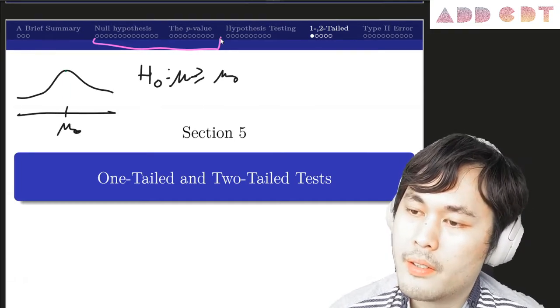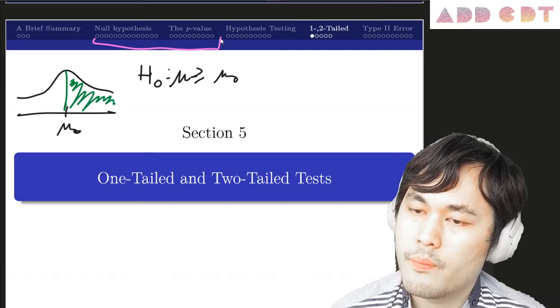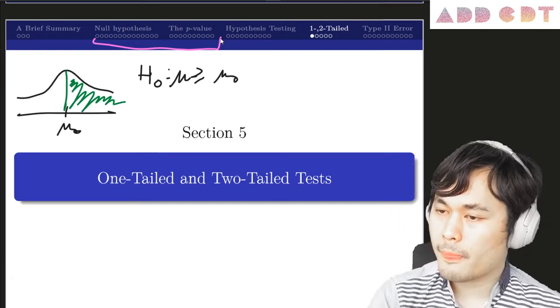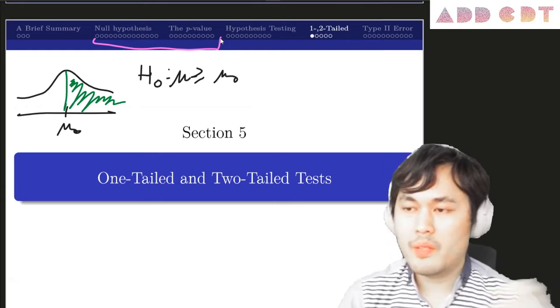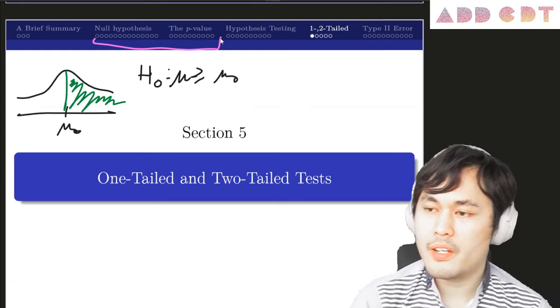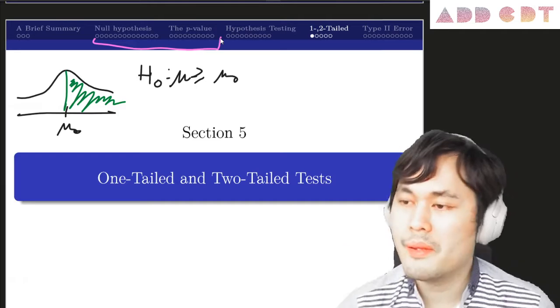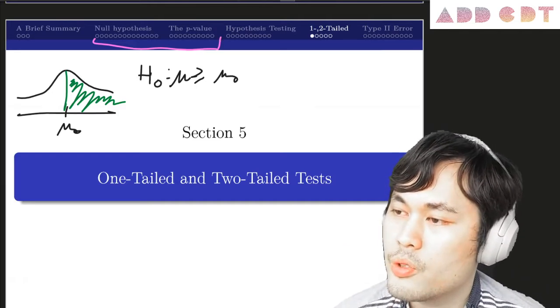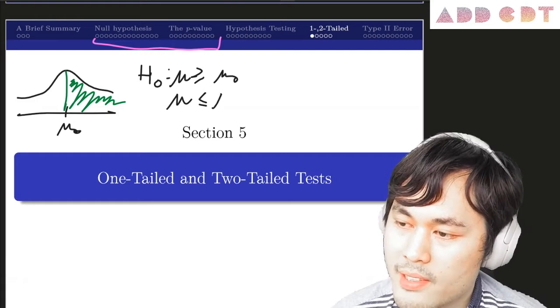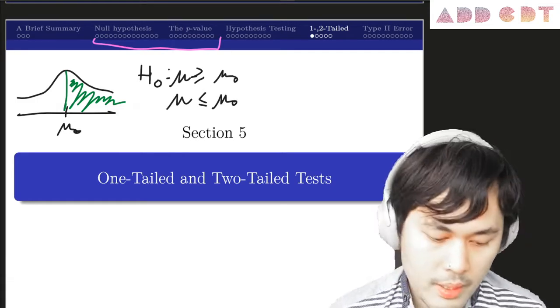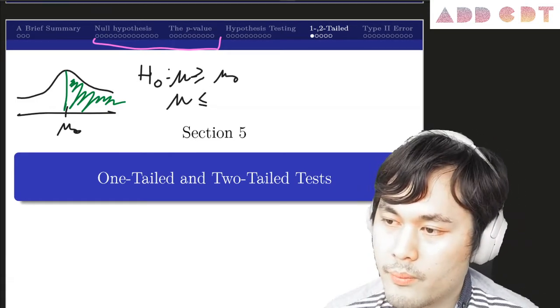So we believe that the average is in this area. But since we don't have to stick to the greater than or equal to sign, we can change it to other forms. We can change it to the less than. Let me separate that.